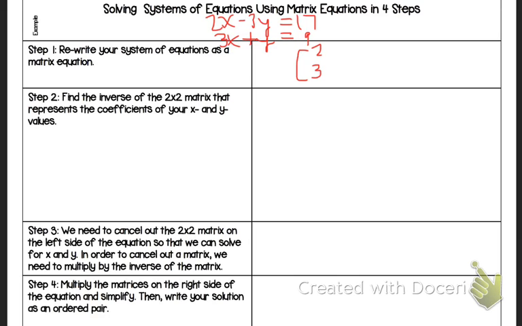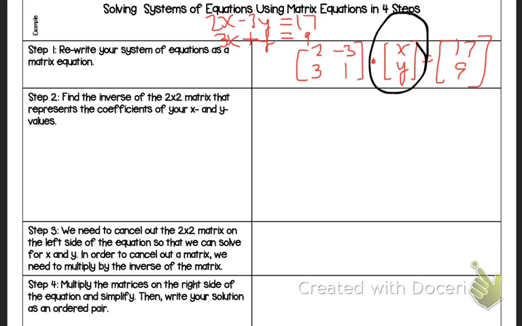So we do 2, 3, negative 3, and 1, times your variable matrix, which is just x, y, which tells you what your 2 variables are, and then that equals your solutions matrix, which would be the 17 and 9. Okay, so the first step is to find the inverse of your coefficient matrix, because if we want to get x, y by itself, we need to get rid of this guy. So we need to find the inverse of that so we can cancel it out.